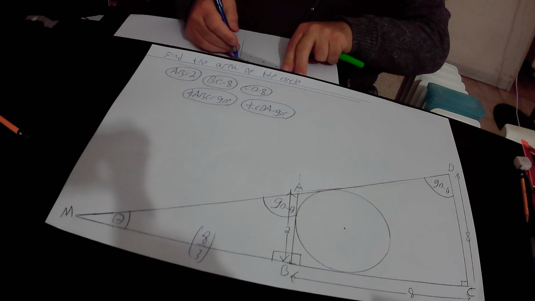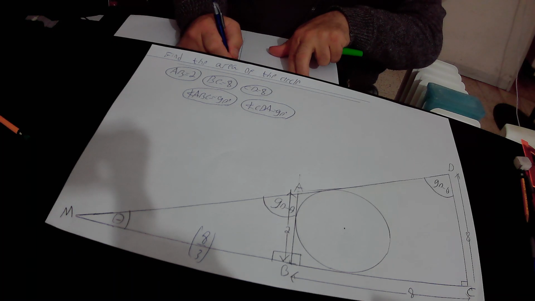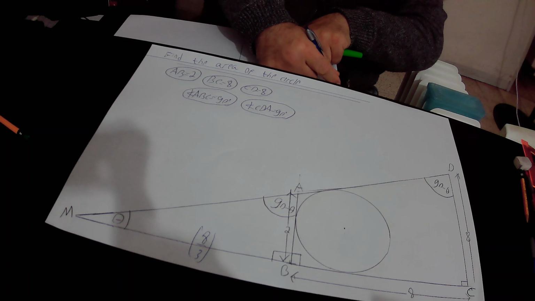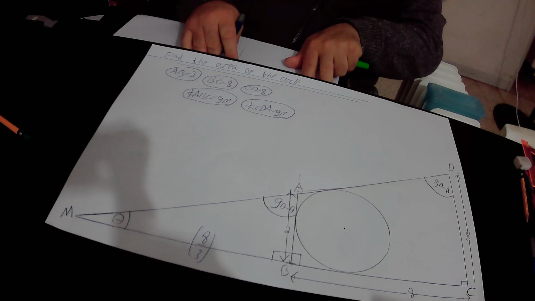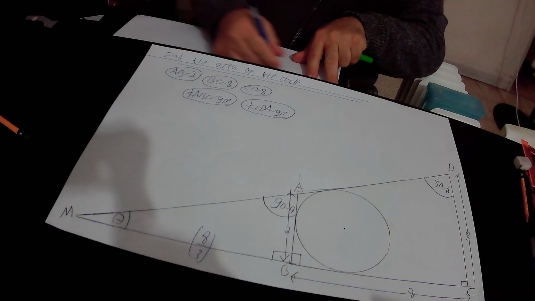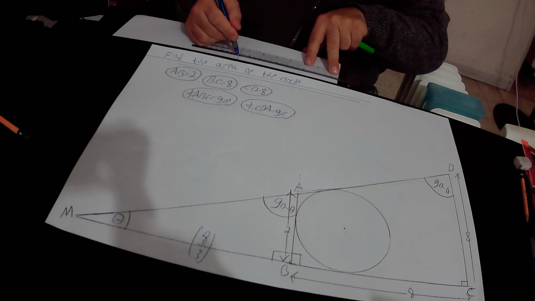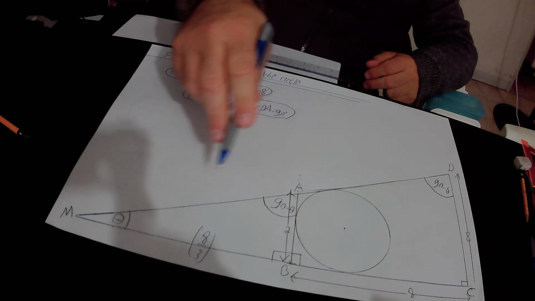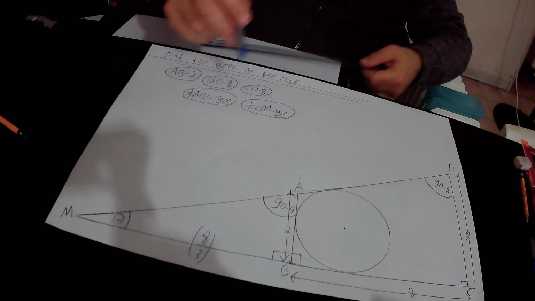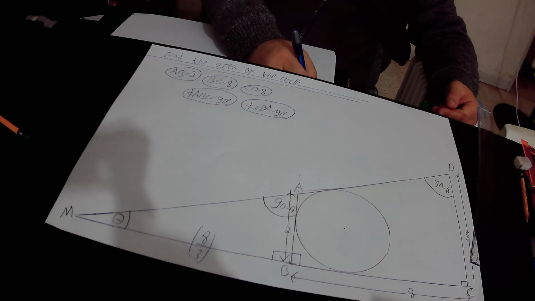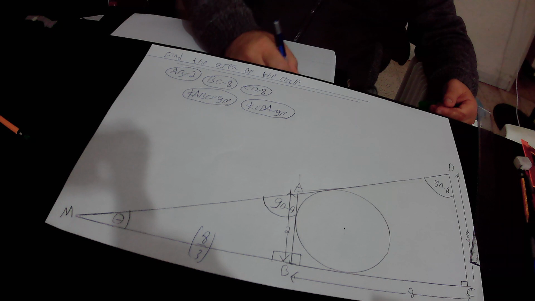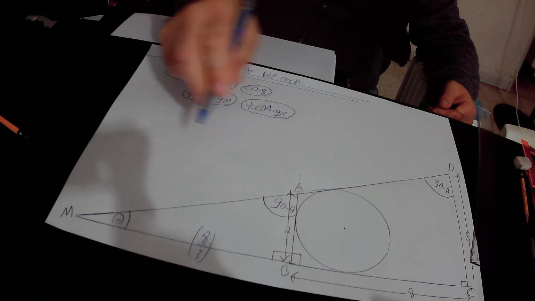According to the Pythagoras theorem, in any right triangle, the square of the hypotenuse equals the sum of the squares of the perpendiculars. The hypotenuse in this right triangle MBA is AM, therefore the square of the hypotenuse is AM squared. So AM squared must be equal to AB squared plus BM squared.